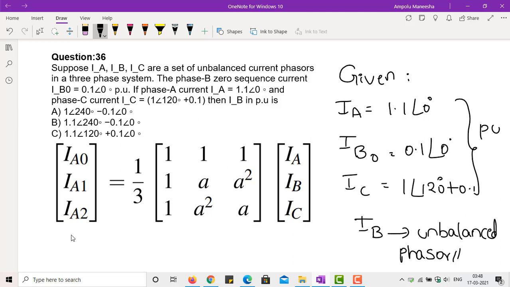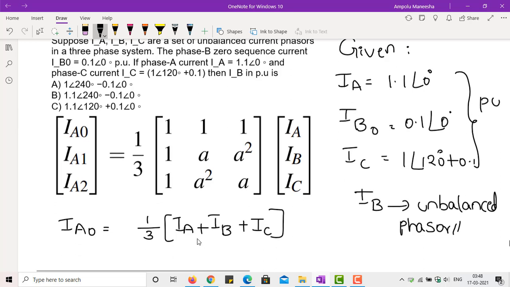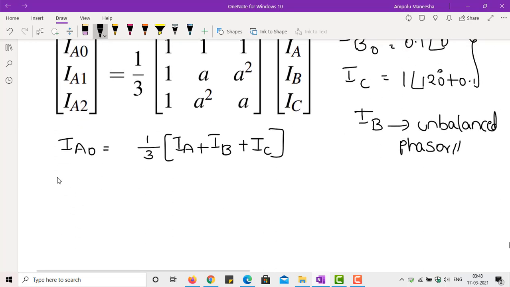So, from the given matrix, IA0 is equal to 1 by 3 times IA plus IB plus IC. As we know, all zero sequence component currents are equal.